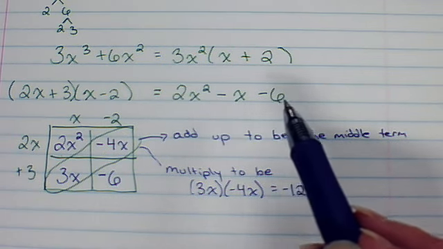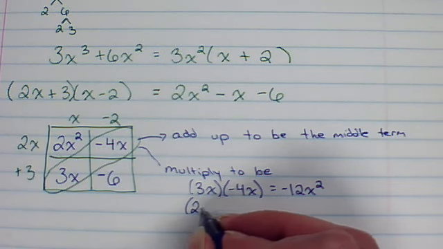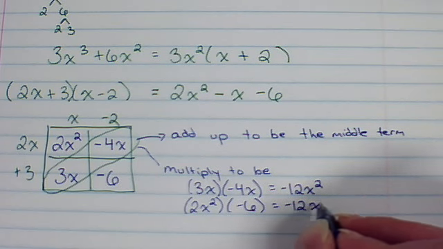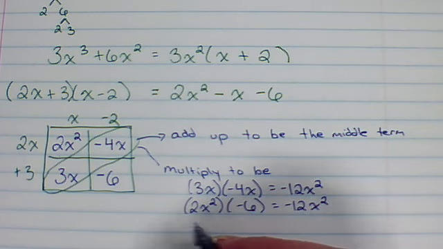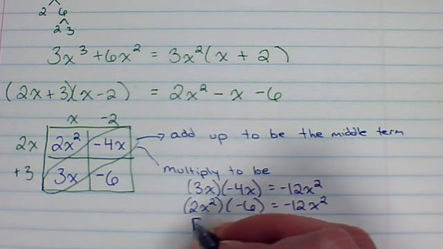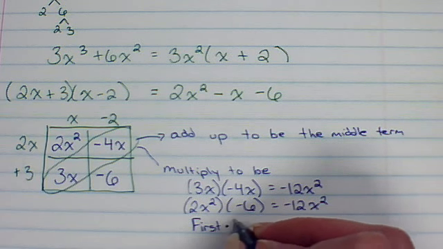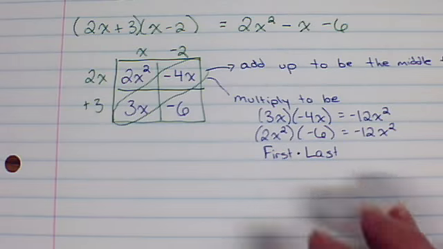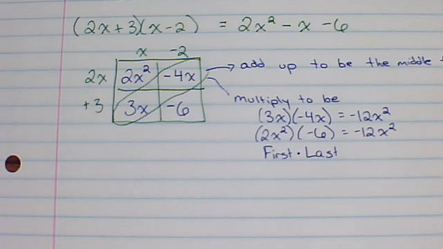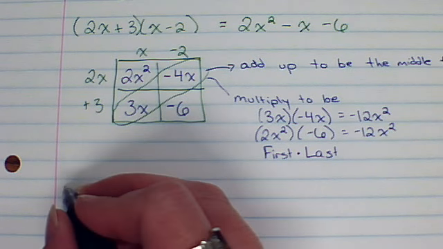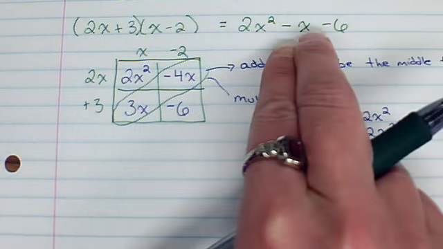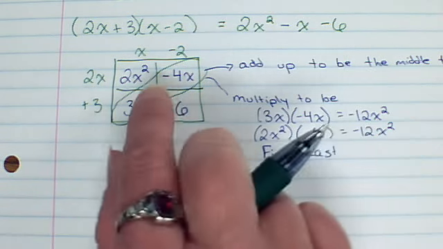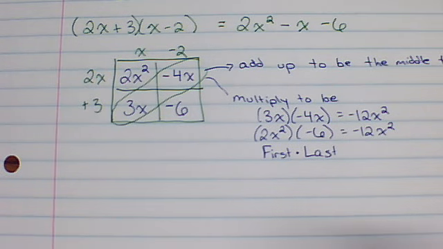We can also get negative 12x squared by taking the first term times the last term. So, knowing that, we could take any, and I mean any, trinomial, split that middle term up into two terms, and be able to use the box to unmultiply it.